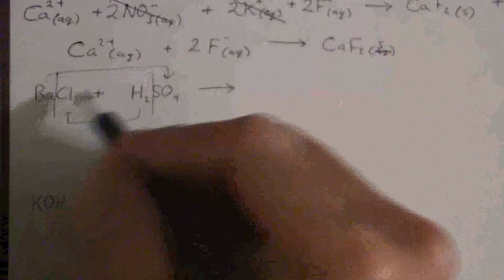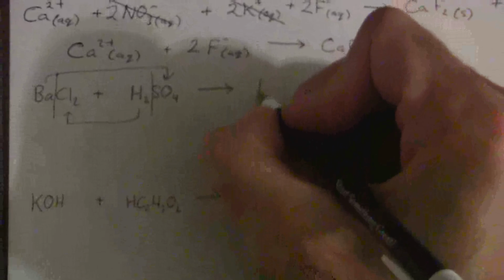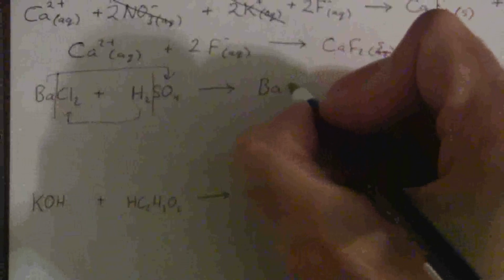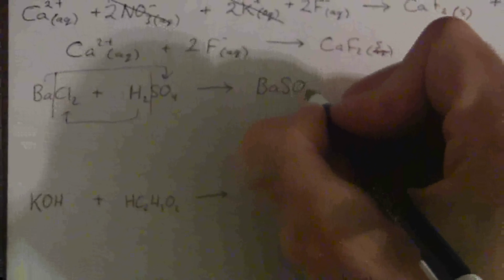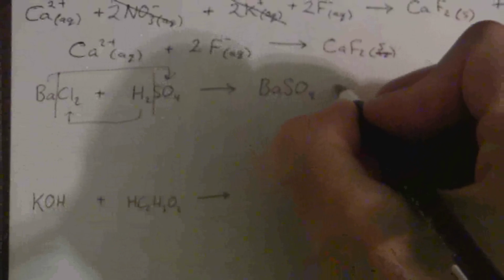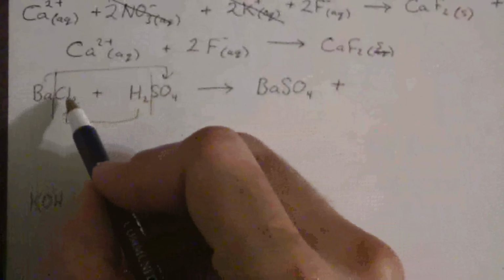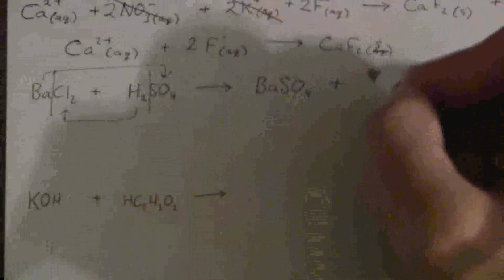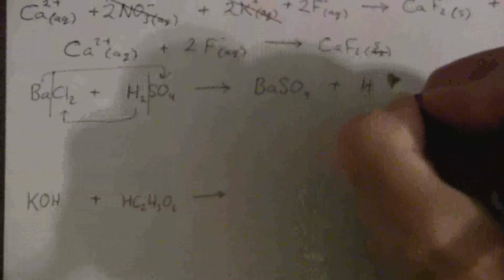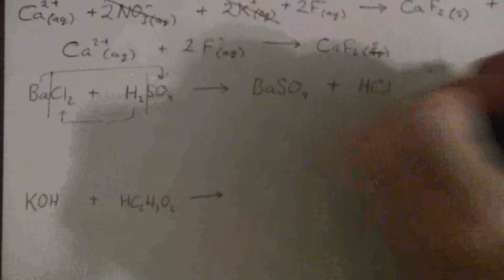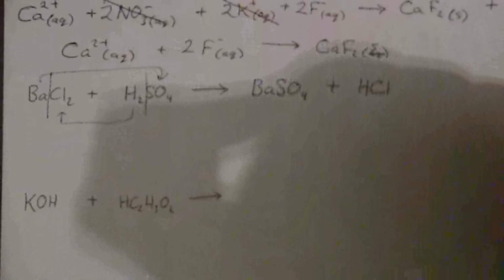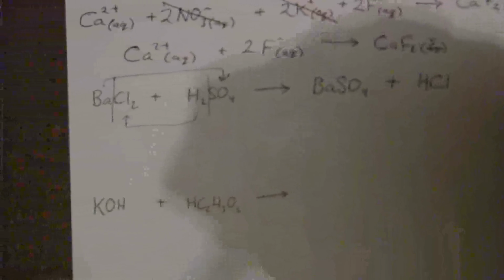All right? So the barium joins with the sulfate. Barium is positive 2, sulfate negative 2, so that's BaSO4. Then we have hydrogen joining with chlorine. Hydrogen is a +1. Chlorine is a -1. So that becomes HCl. Okay.